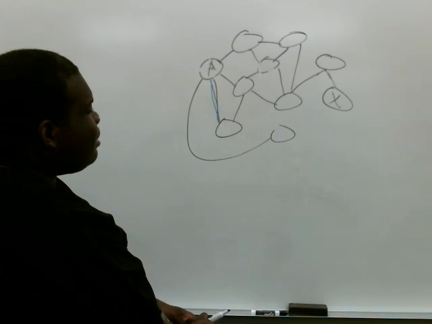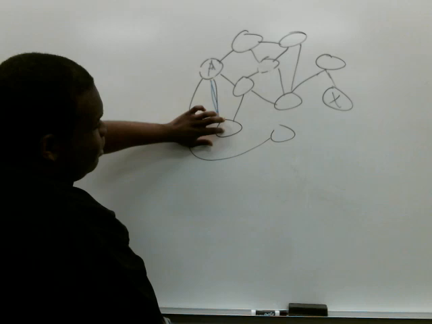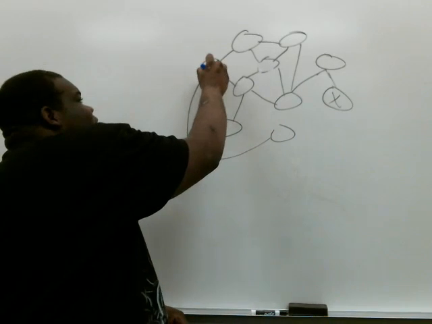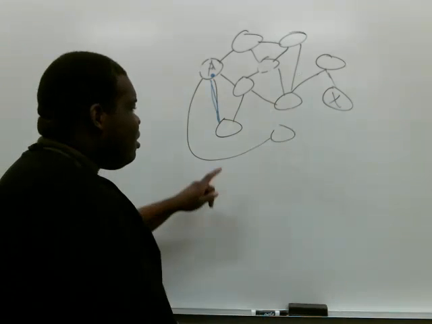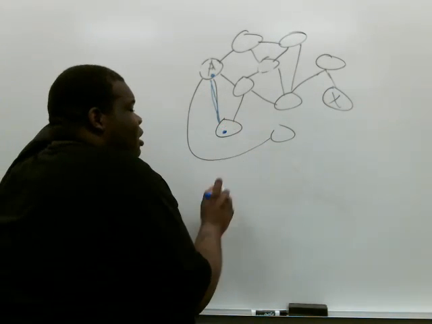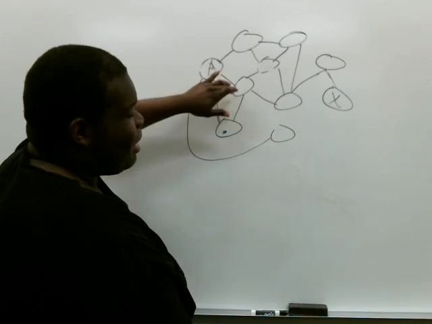We take this edge, and now we say, what are its neighbors? We don't want to go back because we marked this as visited. When we visit a node, we say it's visited, and then we get its neighbors.